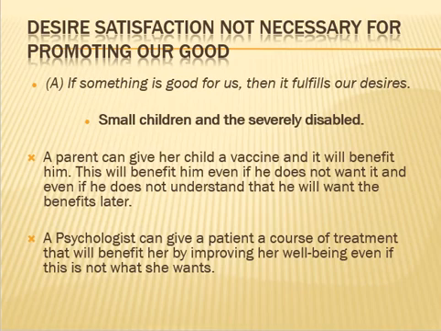So this doesn't fulfill his desire. He has a desire to not get that needle stuck in his arm. But it certainly is good for him. So this example denies that it fulfills the desire. It does not fulfill his desire, but at the same time, it is good for him.